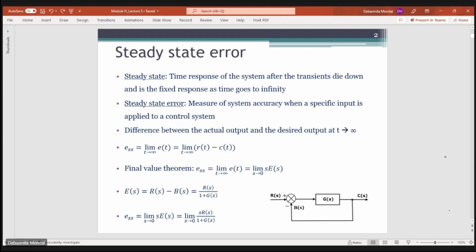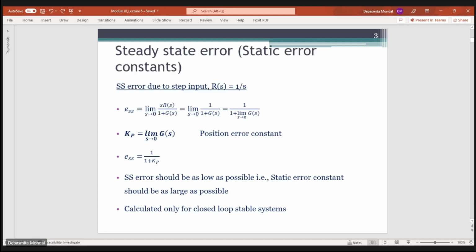Now let us say the input you are providing is a unit step input. In case of a unit step input, the value of R(s) will be equal to 1 by s. You can substitute that in the expression for the steady state error and you will end up with an expression like this.